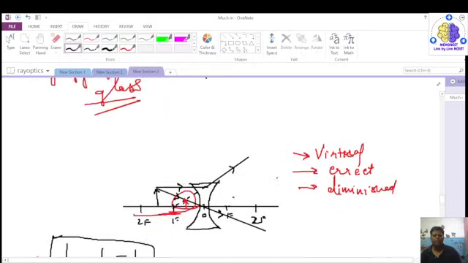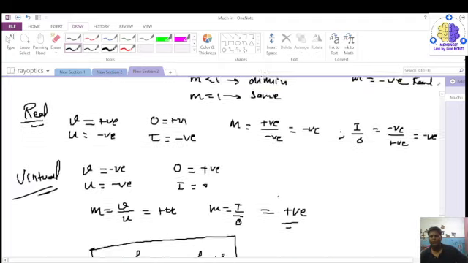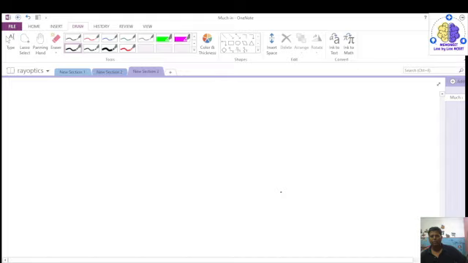This is the same ray diagram, and this is how tiny objects can be seen with an enlarged image using the convex lens. The convex lens is placed in such a manner that the object lies between the focus and the optical center of the lens, and hence you will get a magnified virtual image, and hence the convex lens will be working as a simple microscope for us, right?